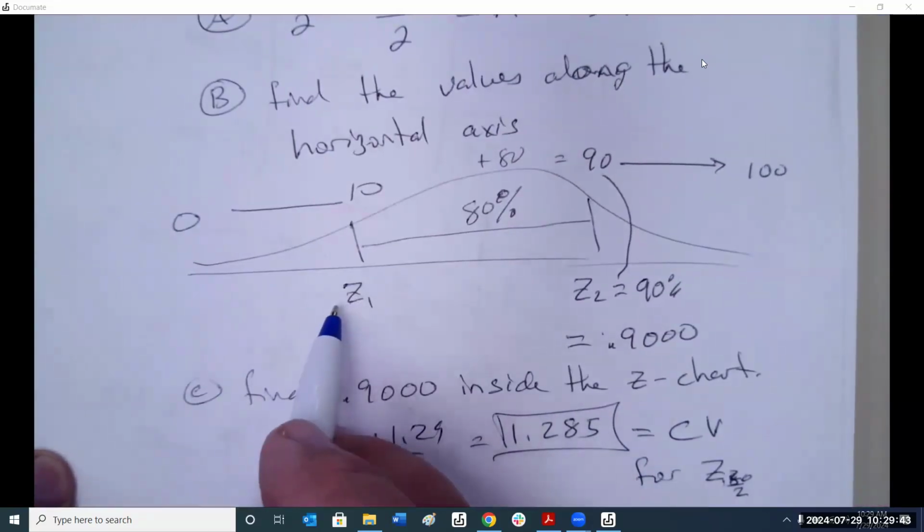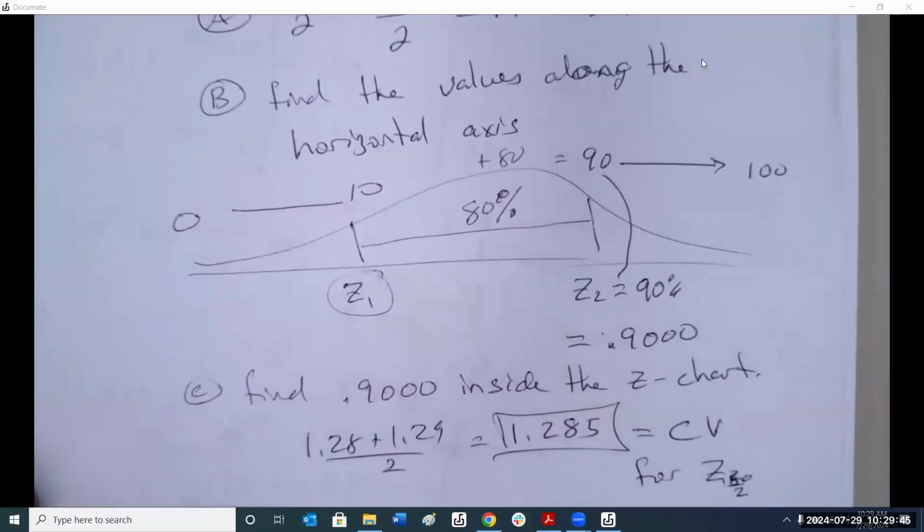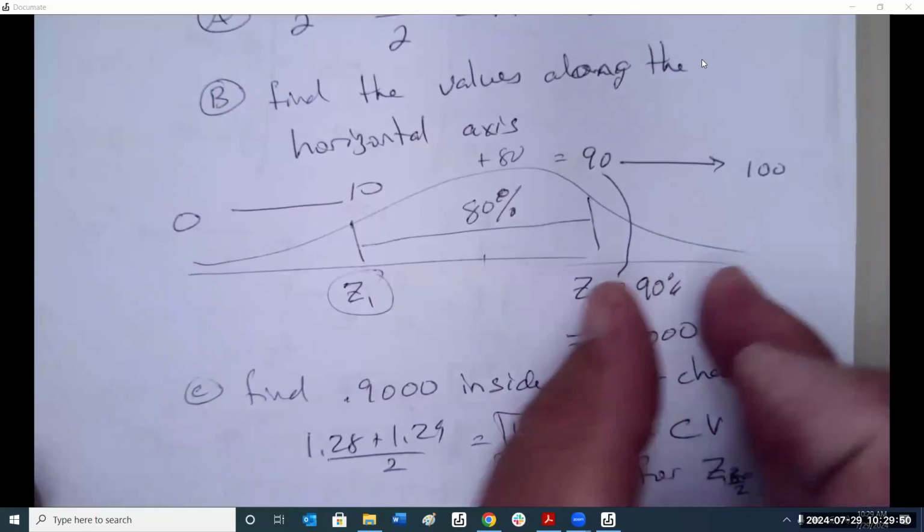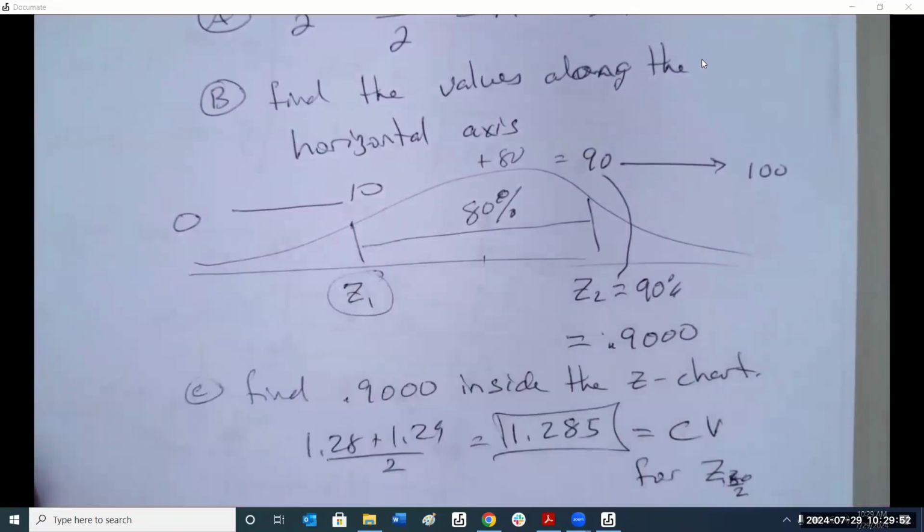Well, we should get the same answer, but this one here would be negative since it's to the left of the mean. So we'll use the positive chart. This area and this area have to be the same.